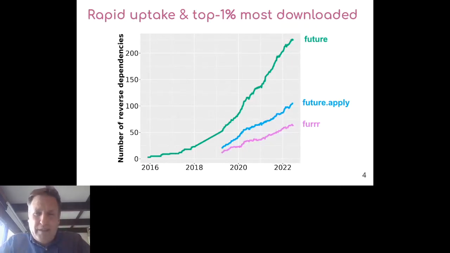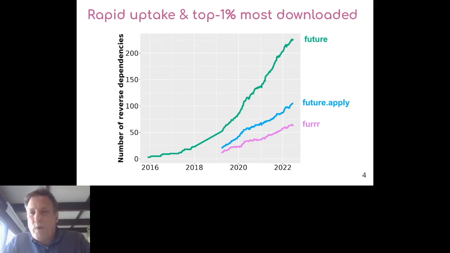So the package was released back in 2015, so actually 7 years ago on Sunday. Since then, the uptake has been very rapid, more than I expected. There are now more than 200 packages on CRAN that rely on the future package.